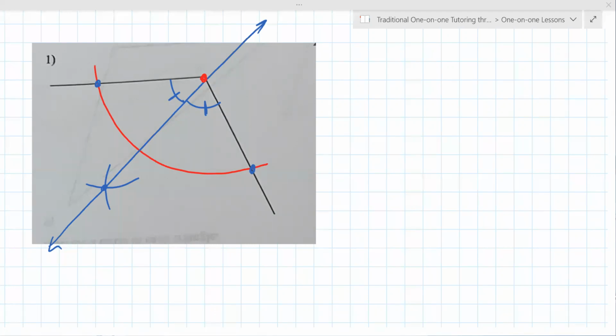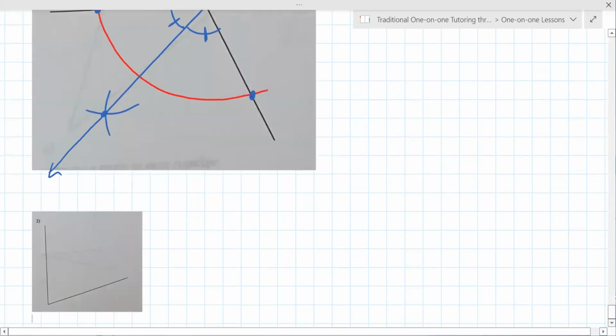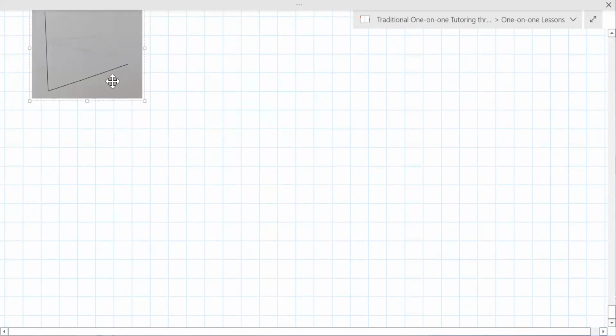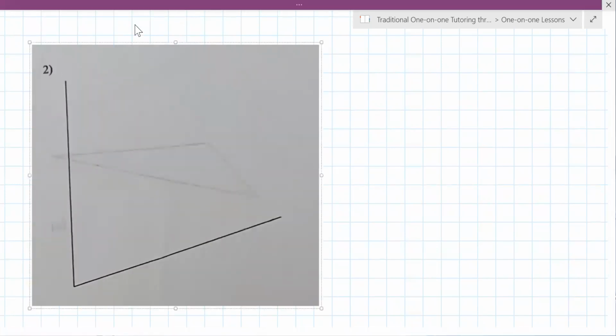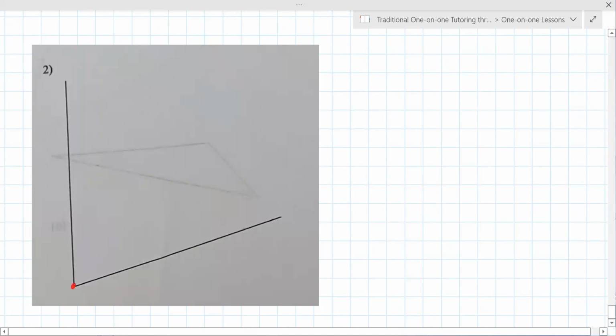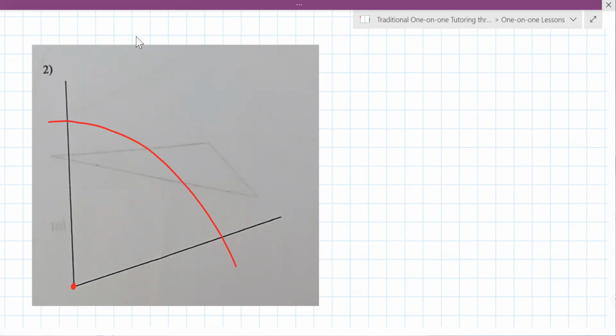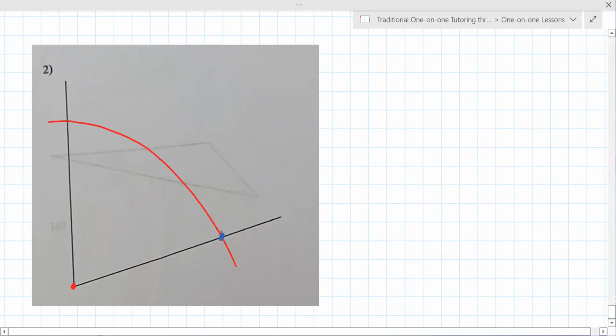Number 2, let's get this going. Same thing here. You start with the vertex point and you swing an arc that goes through both of the sides there. And you create an intersection point.